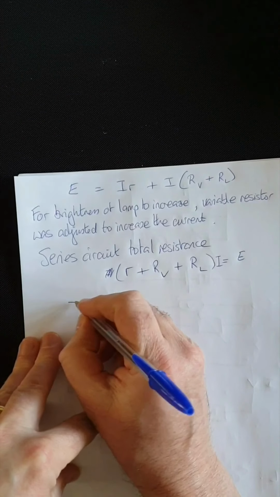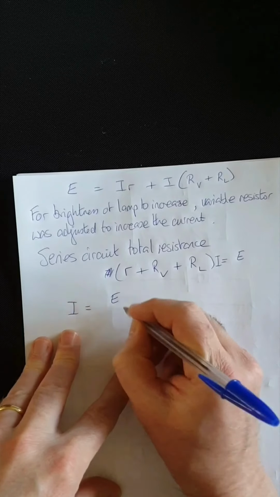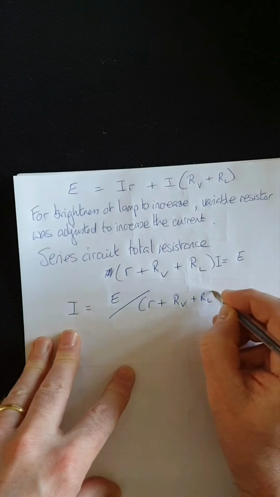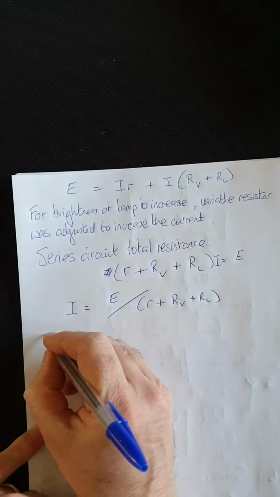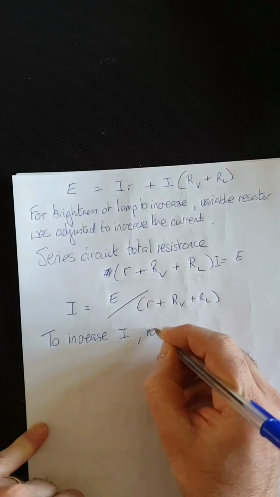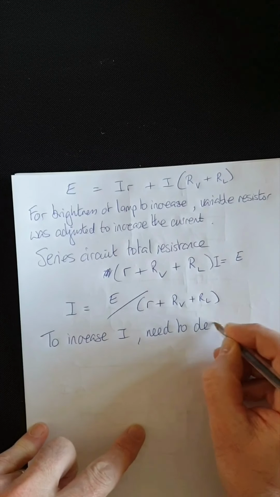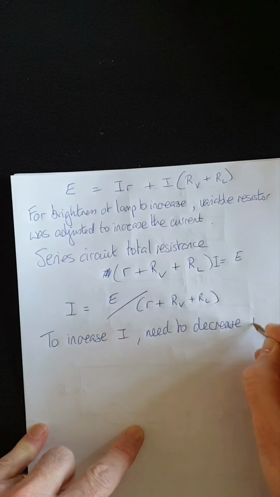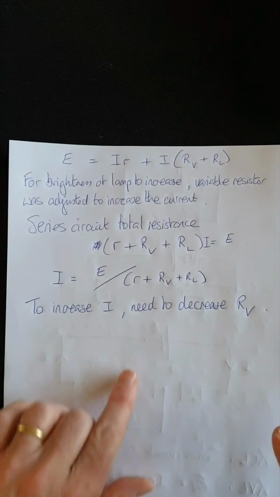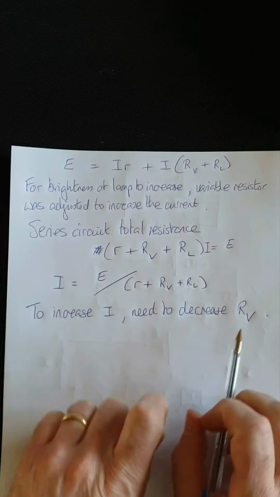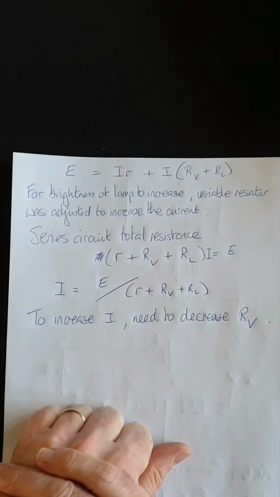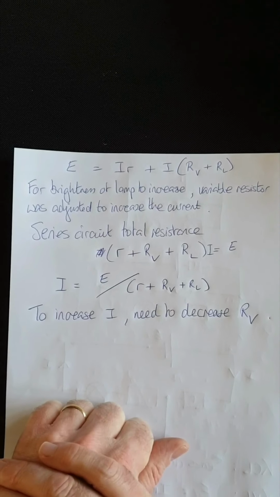Now I want a larger value for I, so I is equal to the EMF divided by the total resistance. So to increase I, I need to decrease RV. The other two resistances can't change, so that will give me a larger value for I, which will cause the lamp to increase in brightness.